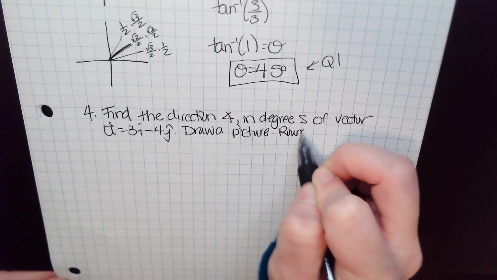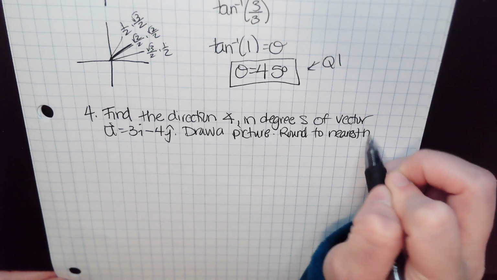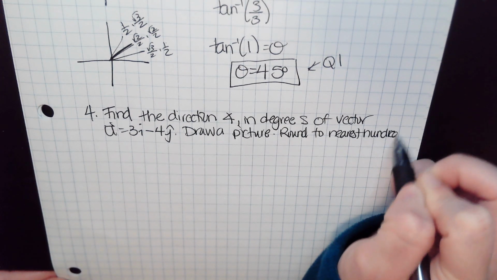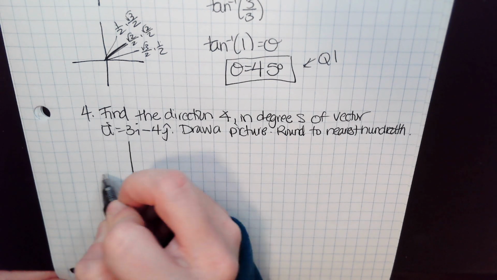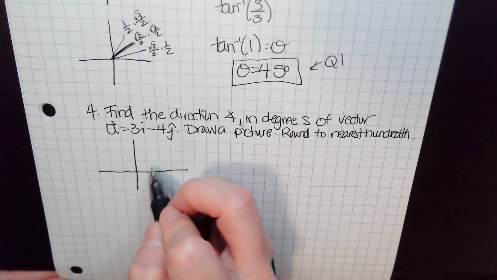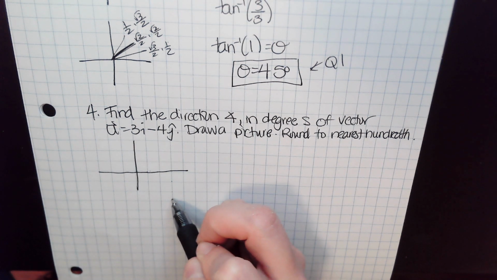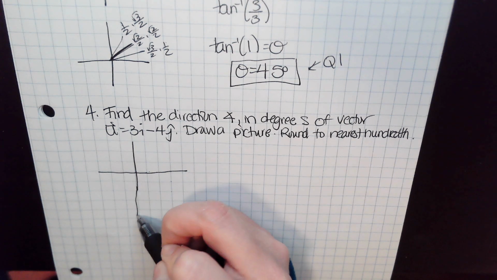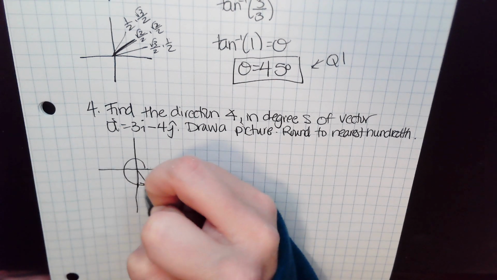And let's round to the nearest hundredth. All right, so let's start by sketching this out. So we're going to plot 3, negative 4: 1, 2, 3, 1, 2, 3, 4. So we are in quadrant 4.